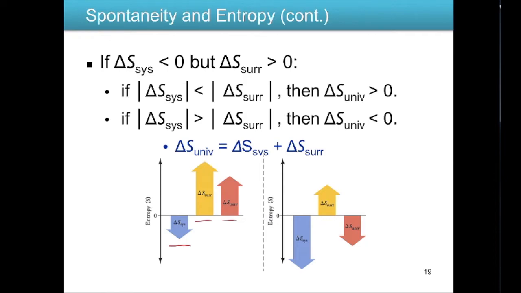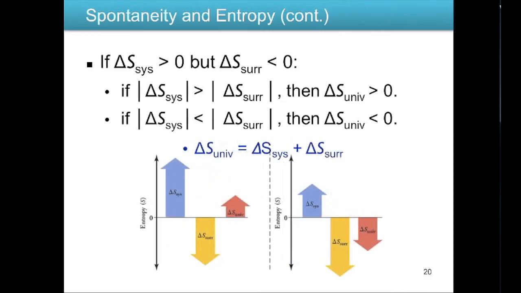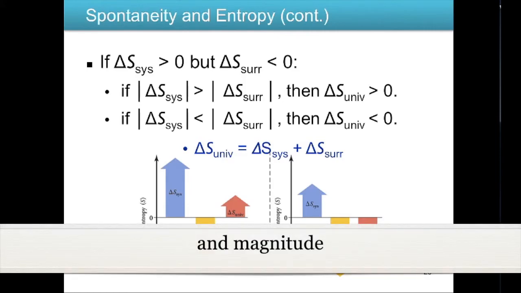But if our delta S of the system is very negative, and the delta S of the surroundings is less positive than the delta S of the system is negative, then the overall delta S of the universe in this case is going to be negative. So we can use the same argument in this slide as we did in the previous slide to justify whether or not the reaction is going to be spontaneous based on the sign of delta S of the universe being positive or negative.